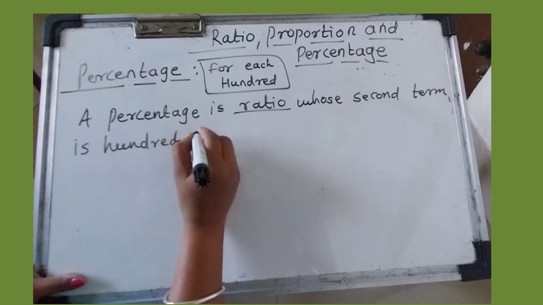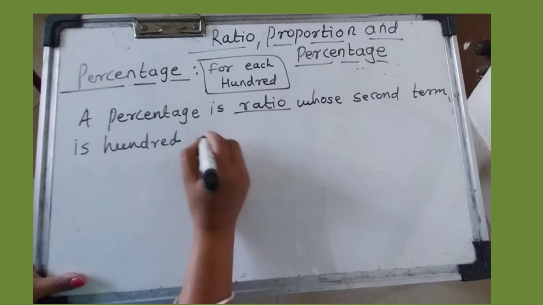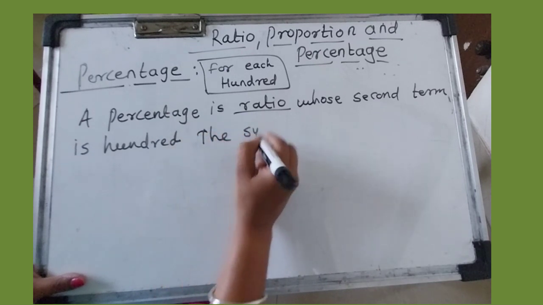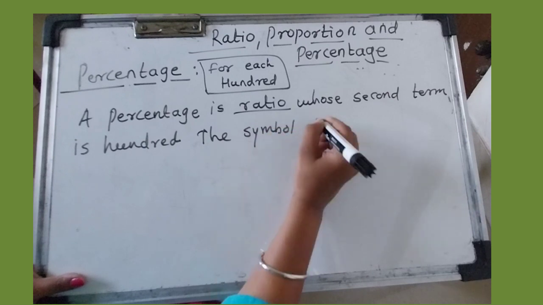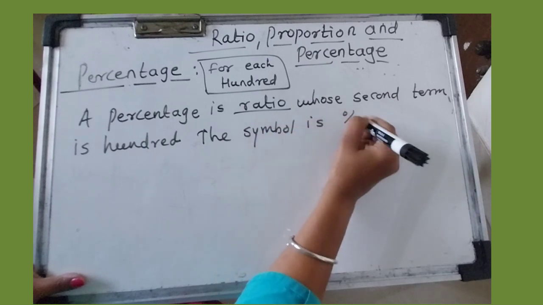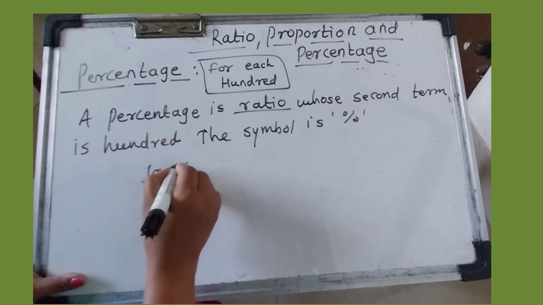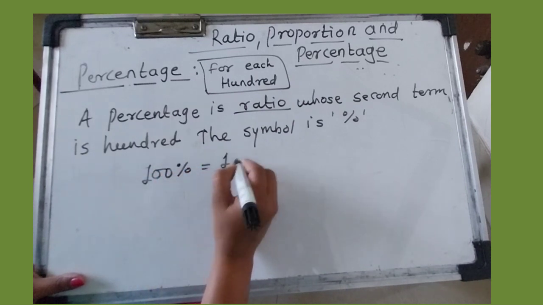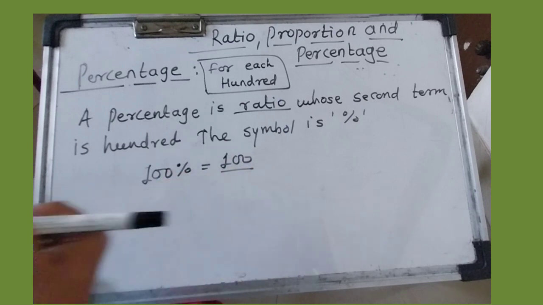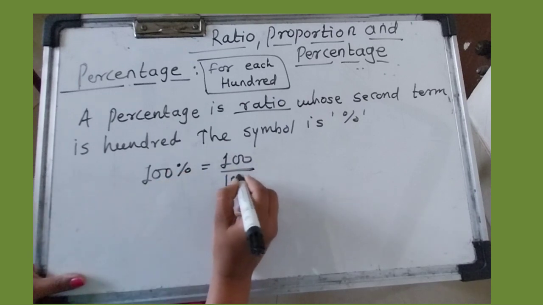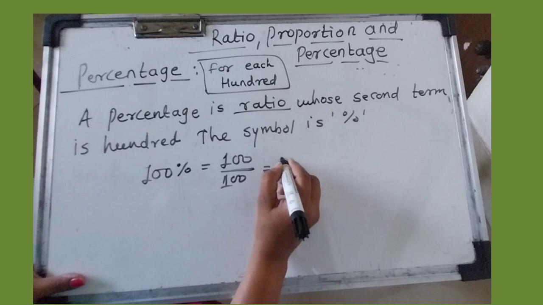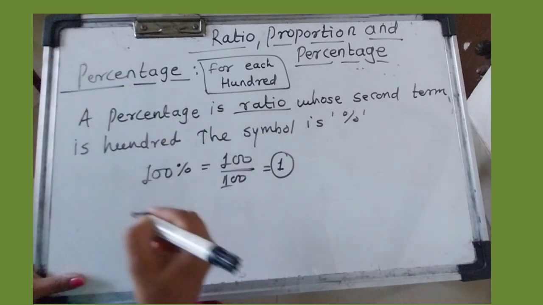The symbol is this. 100%, what we write? 100, and this percent sign is replaced by upon 100. So it is 1 whole. Clear?